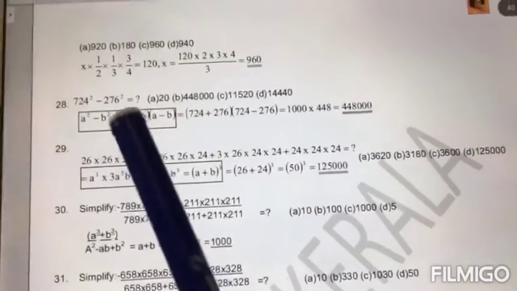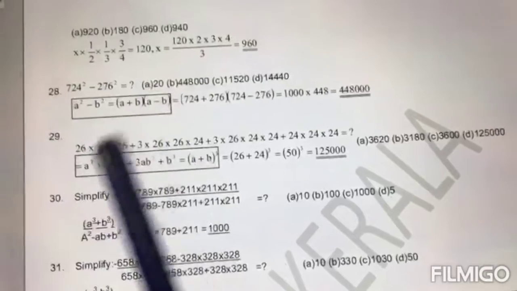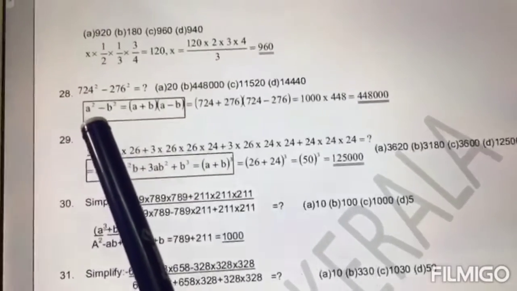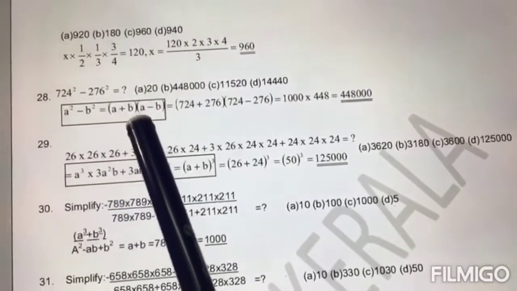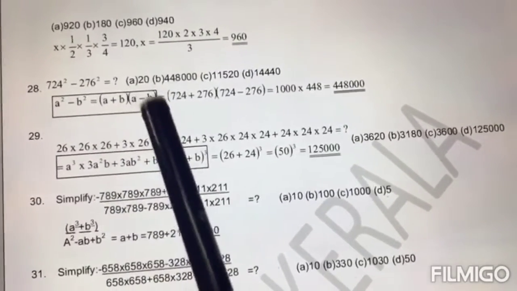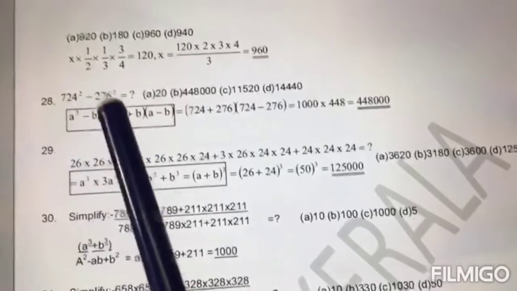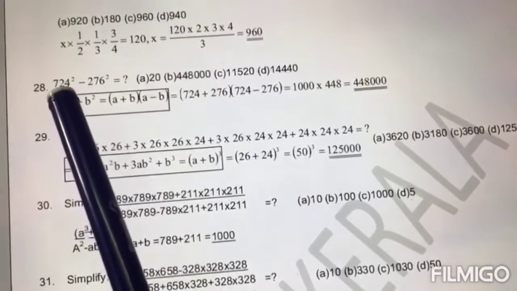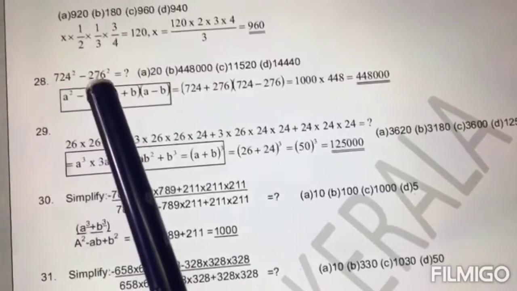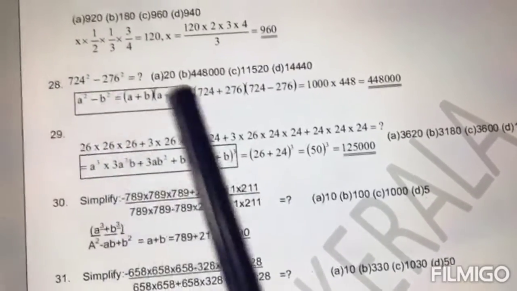Now number 28, very important. Now in mathematics, we have a formula for this. A square minus B square can be written as (A plus B) multiplied by (A minus B). Okay, so this question is like A square minus B square, right? If we assume A equals 724 and B equals 276, we can solve this using this formula.